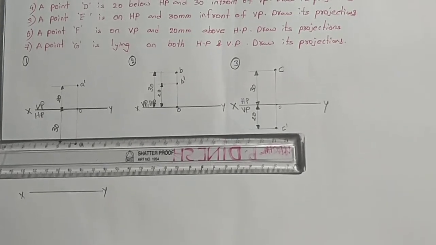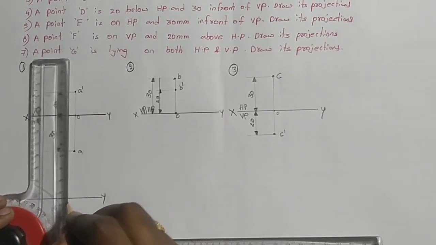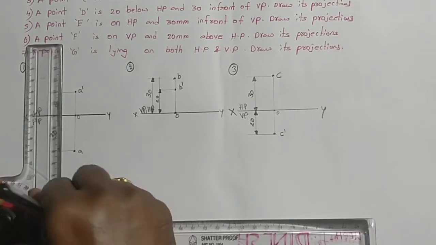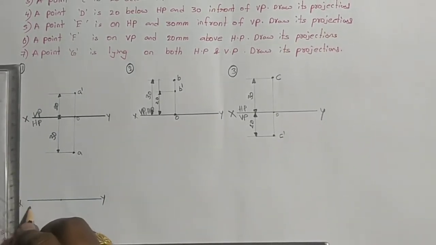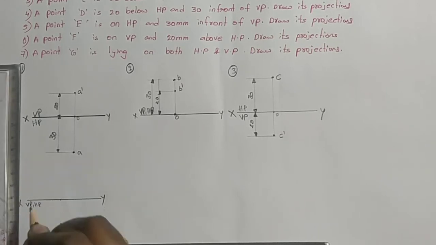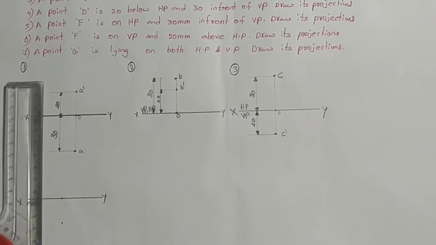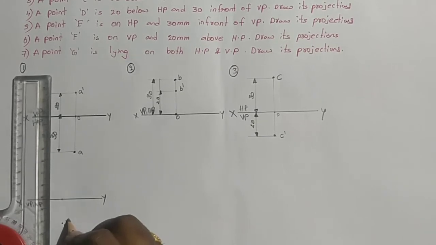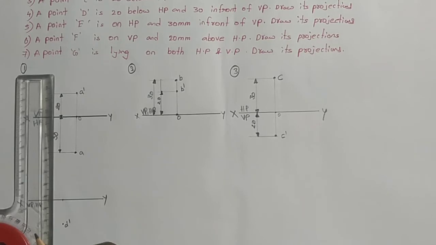Take any point 20 mm below HP. First we need to give the planes. For the fourth quadrant, both VP and HP lie below the XY. It is 20 mm below HP. Below HP means it is the front view. It is D dash.